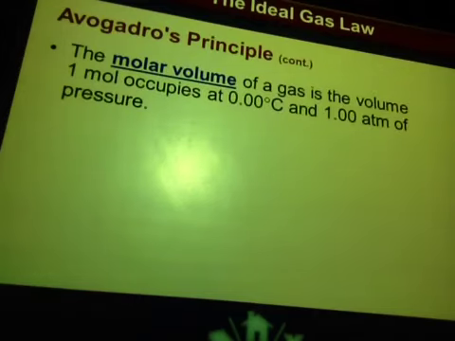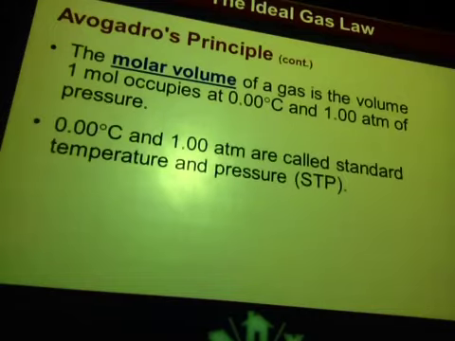Next I have the molar volume of a gas is the volume that 1 mole occupies at 0 degrees Celsius and 1 atmosphere of pressure. 0 degrees Celsius and 1 atmosphere also have another name, and that is that we call those standard temperature and pressure, or we'll abbreviate it STP.